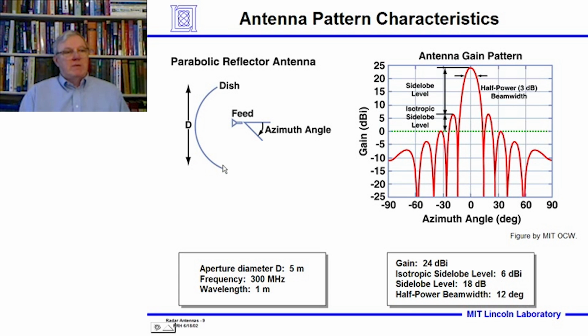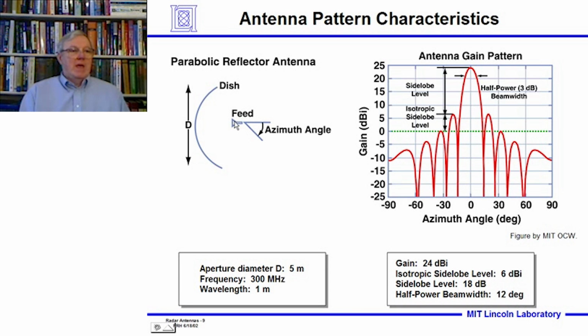If we make it in the shape of a parabola and put at the focus of that parabola a feed, then the electromagnetic energy will come out of the feed and go in all these different directions. It'll hit the reflector and bounce back out, and it has the property that all the rays will go out parallel.